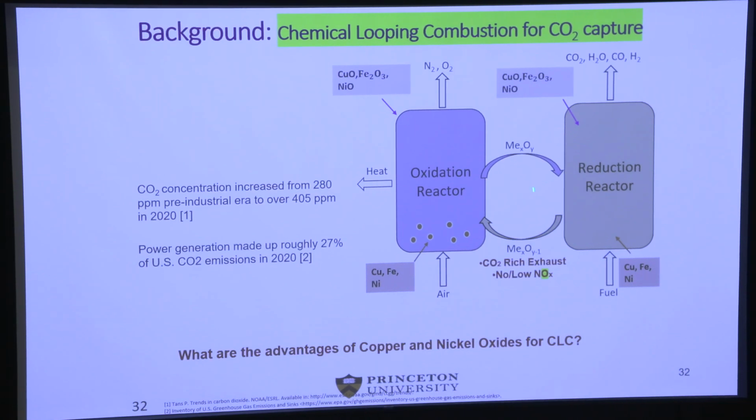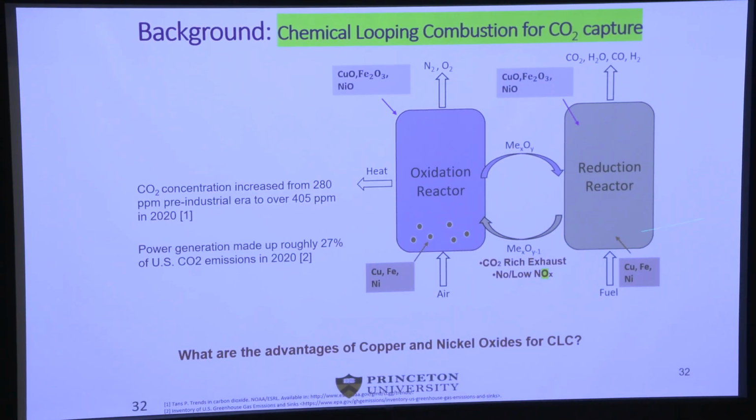Chemical looping is probably a similar thing: you have a metal here, you put in air, you basically oxidize it, and that metal oxide is transferred to a reactor where you have fuel like hydrogen or CO or methane, that can be oxidized into CO and CO2 without having nitrogen in the stream, without forming NOx. So you can directly separate CO2 from hydrogen, and then you can do a separation on the CO2.